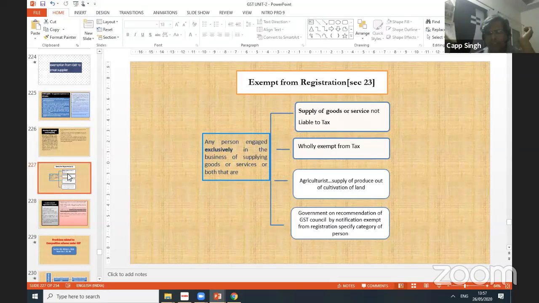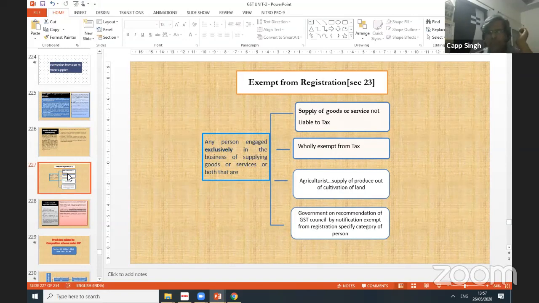Those supplies are outside GST, so no registration is required although their aggregate turnover is 40 lakh or 20 lakh. Those whose supply is wholly exempt from GST also do not require registration. Agriculturists are not required to register, and the government may notify some class of persons not to have registration.